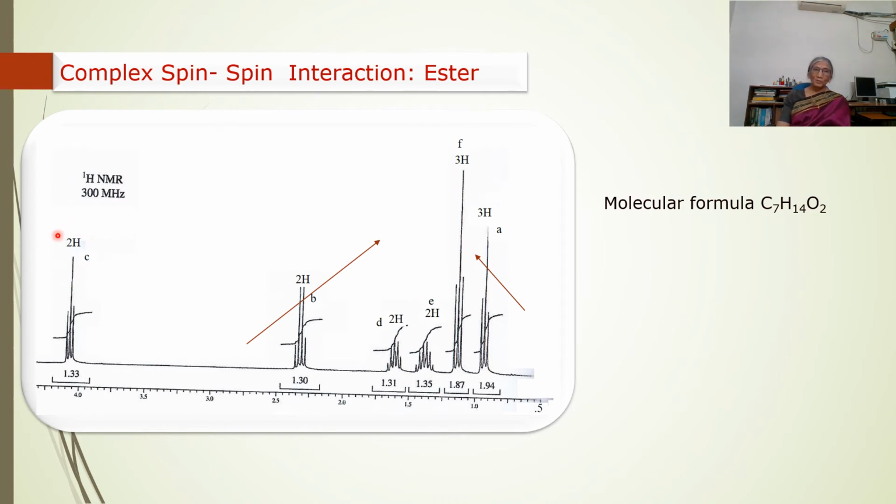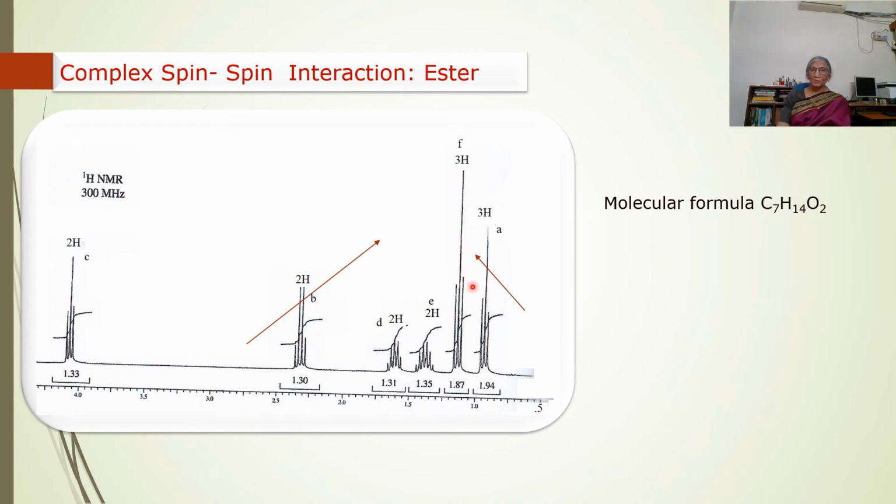These 2 methylene protons are deshielded protons, and the signal is seen at 4.1 ppm. It means that these 2 methylene protons are present close to a singly bonded oxygen atom. That's why they are deshielded.